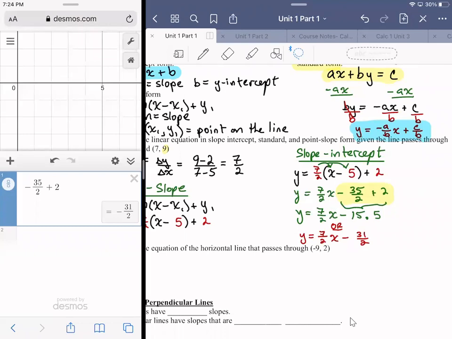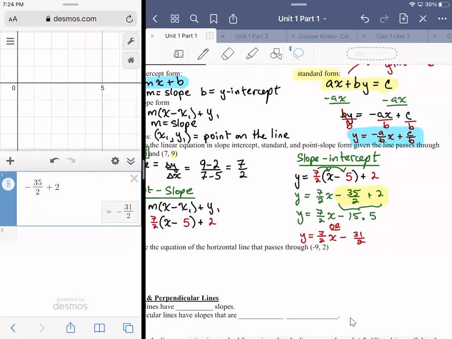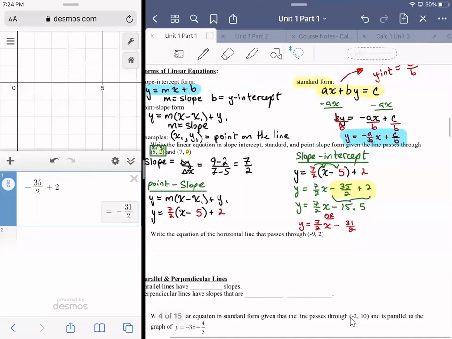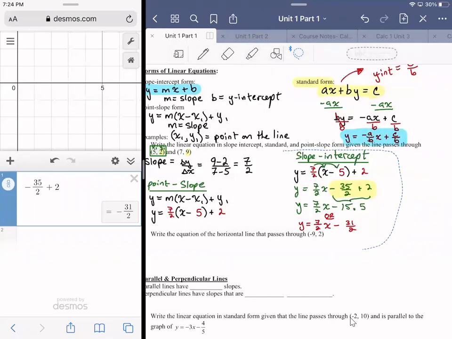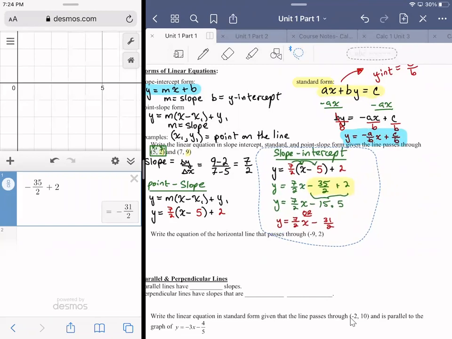I always accept multiple different techniques. Now, if this class were an algebra class, it'd be a different story, but it's not. So with that in mind, I can show you the graphical approach. Well, let me not steal my own thunder too much. Let me get through the standard form real quick, and then I'll show you the graphical approach.